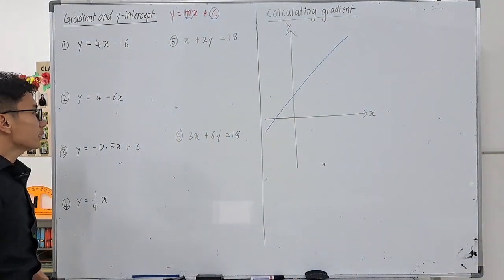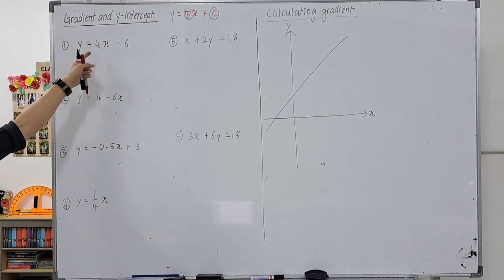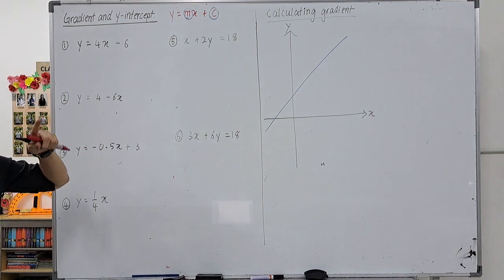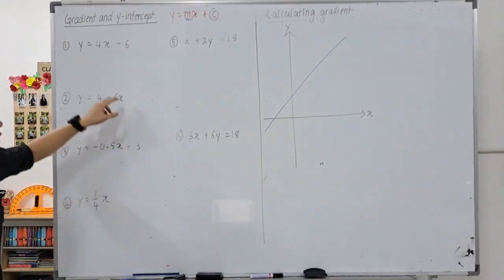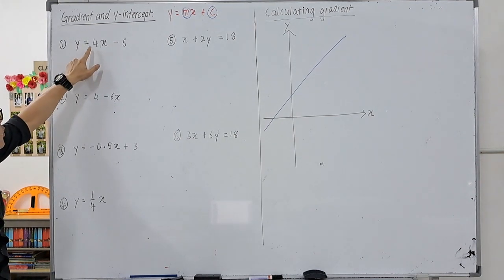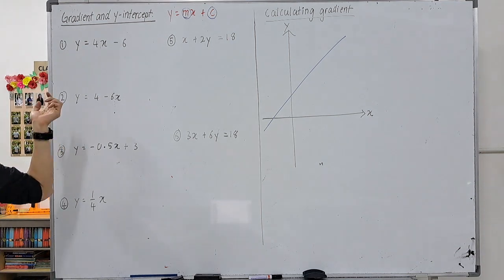Okay, so let's say we have examples 1 to 6. Let's try to find the gradient and the y-intercept. Let's see this equation. If you notice, this equation is already in the form y equals mx plus c, but this is minus. So what does that tell me?